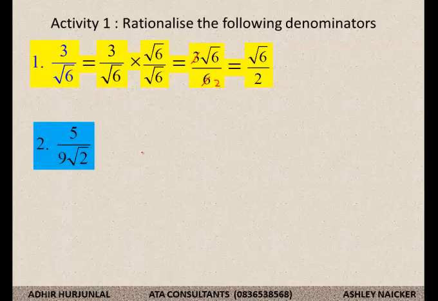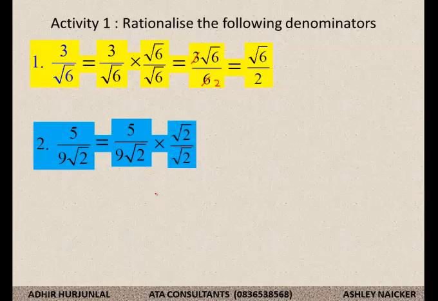Example number 2. Remember, we multiply by 1. In this case, you can multiply by 9 root 2 over 9 root 2, not a problem. But I would prefer that you multiply by root 2 divided by root 2. Again, guys, multiply.